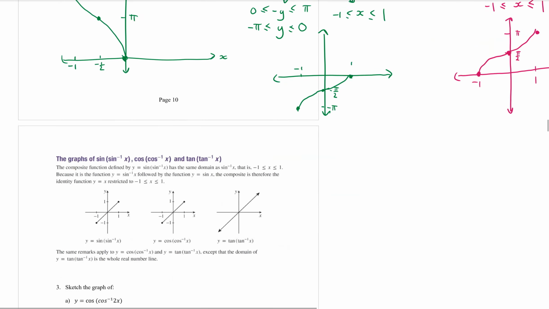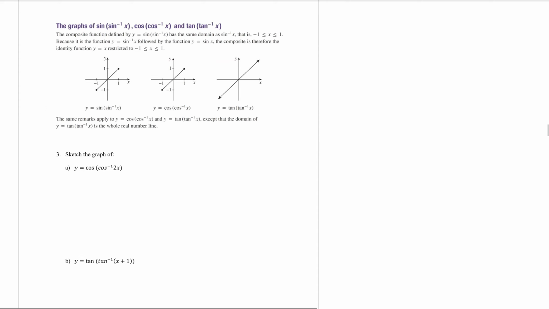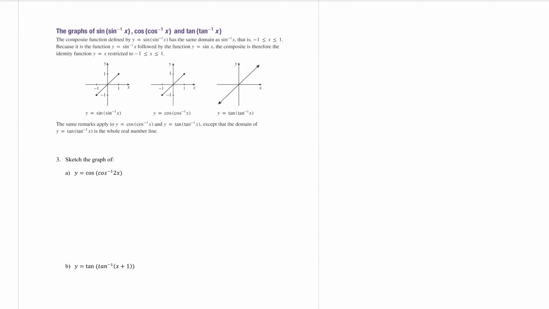Okay, one more thing to note for this exercise. We now want to look at the graphs of sine inverse sine x, cos inverse cos x, and tan inverse tan x.